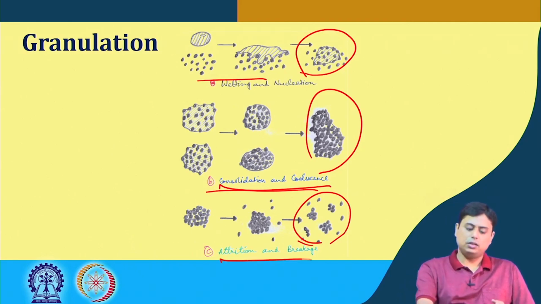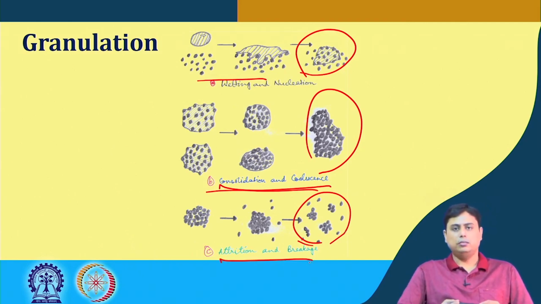So that stage is the attrition and breakage, and this happens due to the movement of the particles in the granulator, which is induced by the granulator movement. These particles and granules are colliding against each other, and they hit the solid surface of the equipment, that is the granulator, and by doing so the attrition and breakage happens.